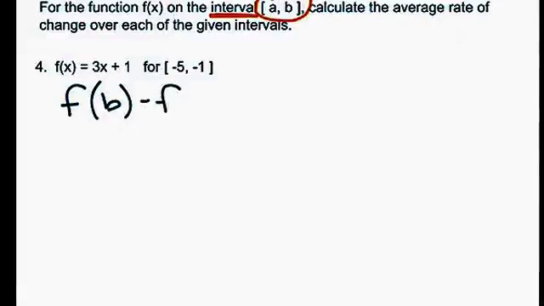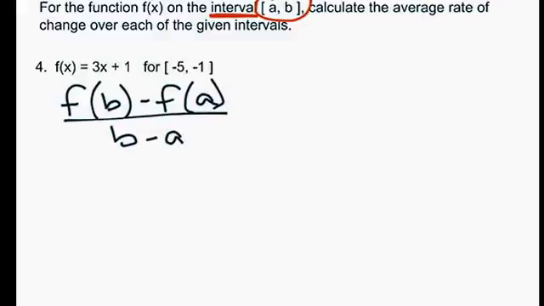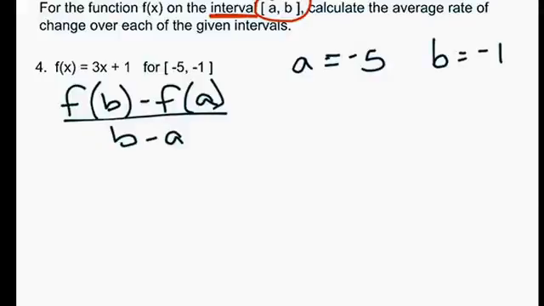Alright, so what we need to find is f of b minus f of a over b minus a. Here I know that x equals negative 5 and x equals negative 1. I'm going to call my first x a, and I'm going to call my second x b, so that we know which x is which.